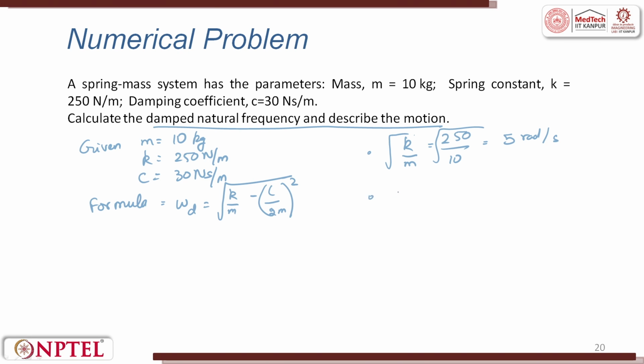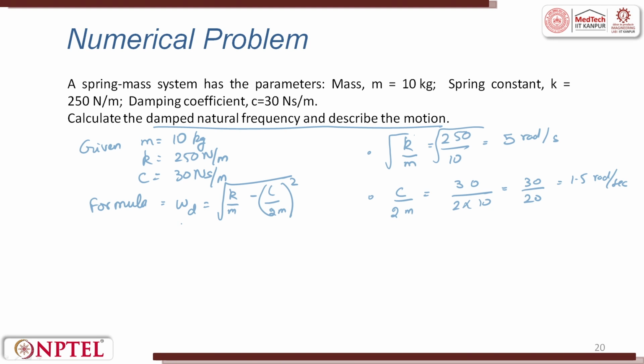Next, we calculate c by 2m, which is 30 divided by 2 times 10, which is 30 by 20, 1.5 radians per second.